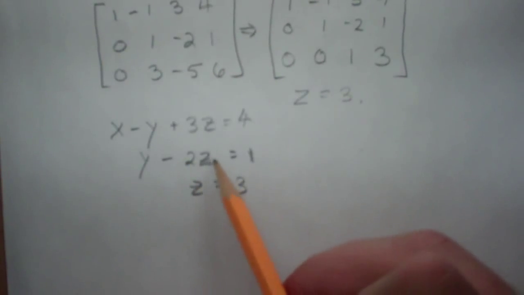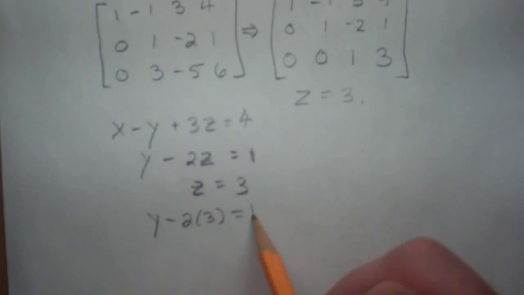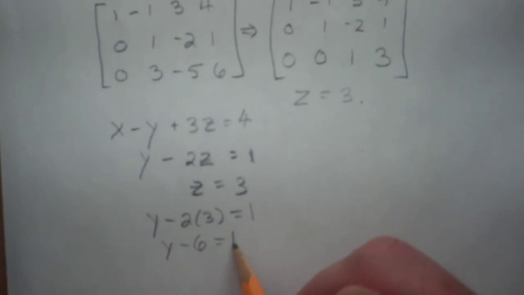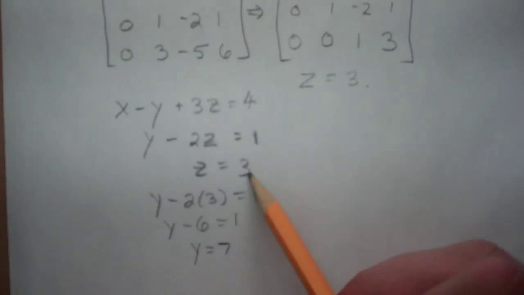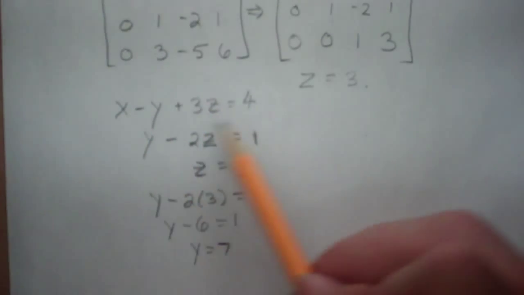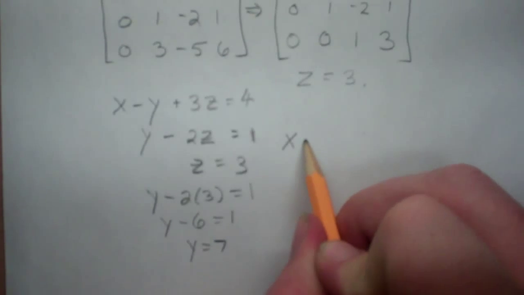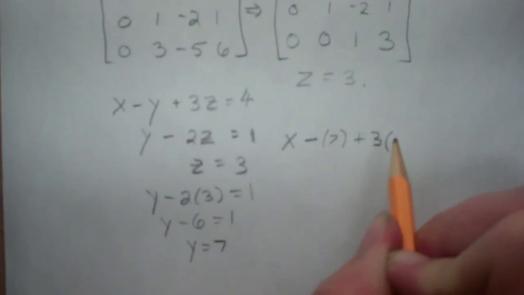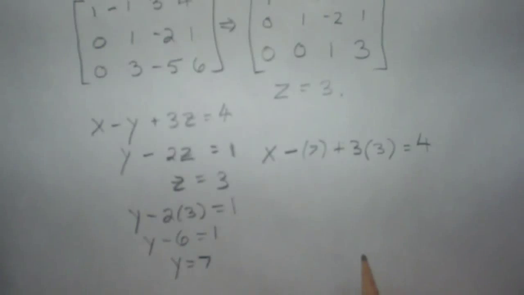Since z is equal to 3, we can plug it in there, and we get y minus 2 times 3 is equal to 1. And that means that y minus 6 is equal to 1. Add 6 to both sides, and y equals 7. Now that we know z and we know y, we should be able to plug it in to get x using this equation. So we have x minus 7 plus 3 times 3 is equal to 4.